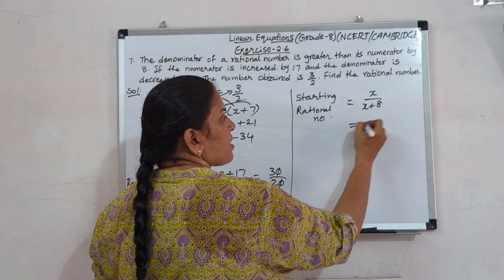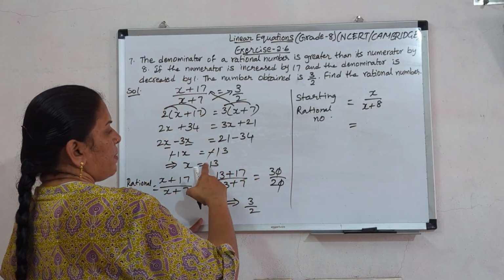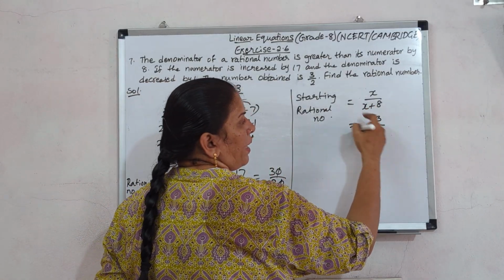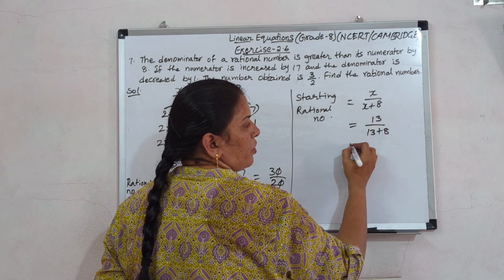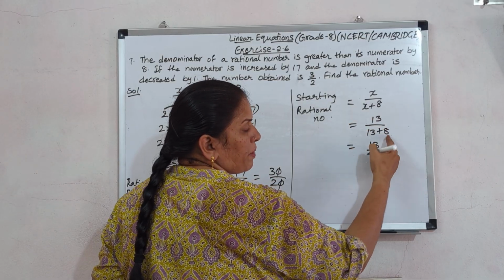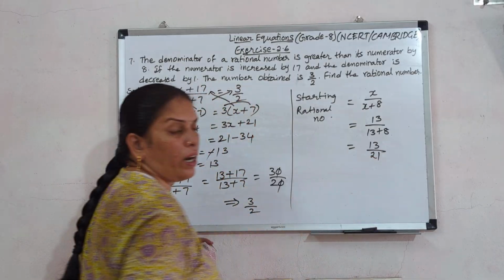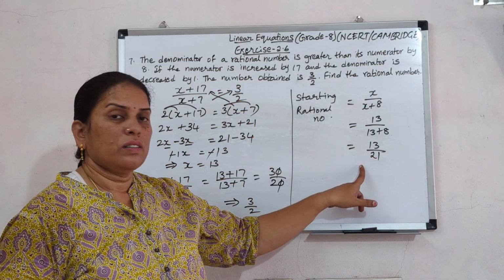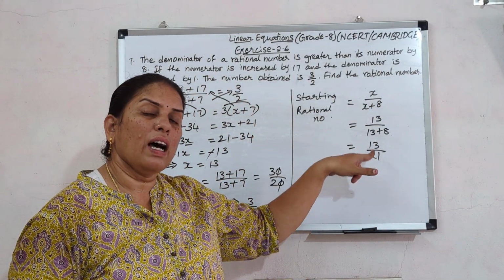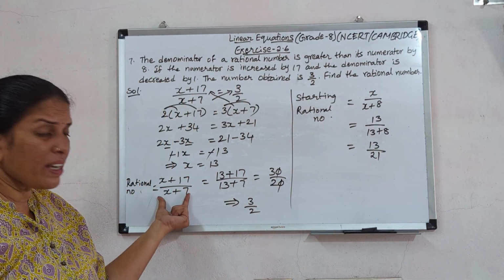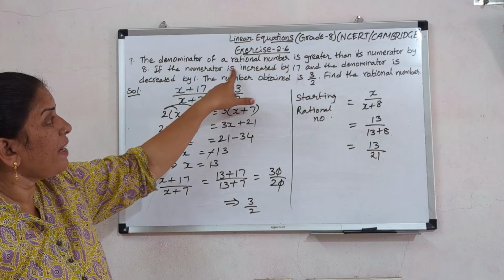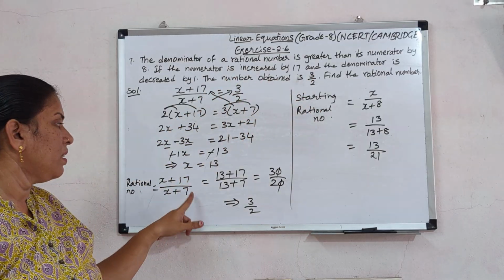Okay? x means how much? 13. 13 by, here also 13 plus 8. Substitute x value. 13 by, 13 plus 8 is 21. This is the wanted rational number. What they asked in the question, that is the rational number. Okay.